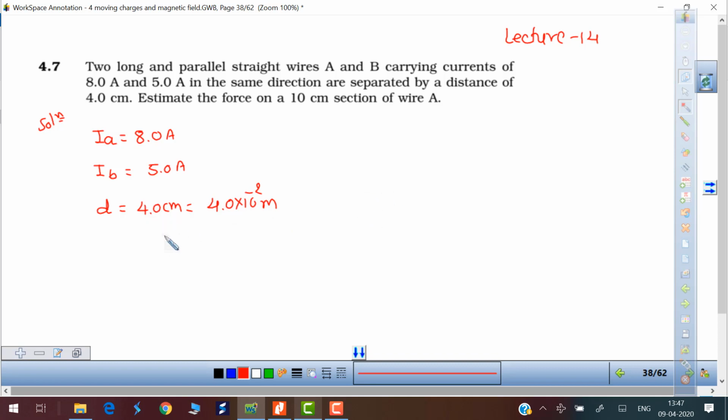So we have the formula for the force between two conducting wires. F is equal to mu 0 IA IB L upon 2 pi d.